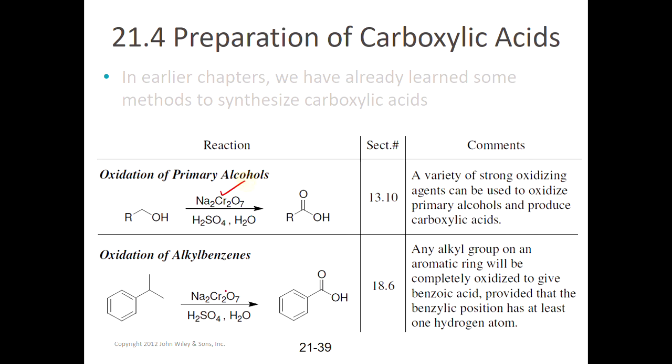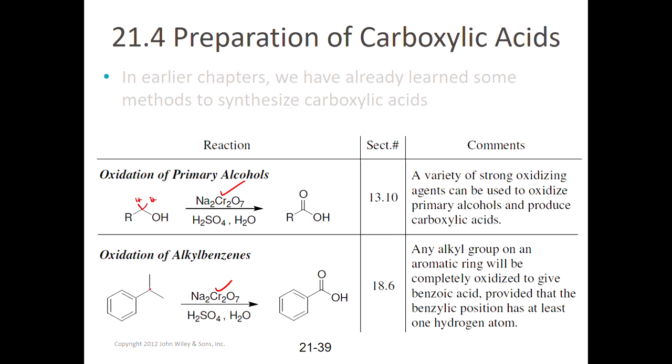So other oxidizing reactions, so these are more recent. We know you can react a primary alcohol with a strong oxidizing agent. That will remove the protons and convert that to a carboxylic acid.